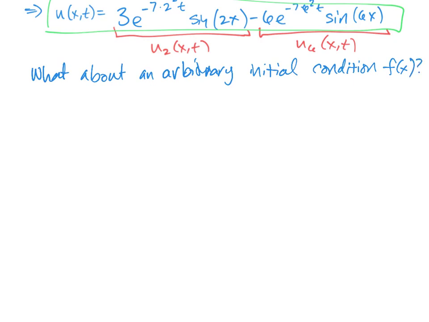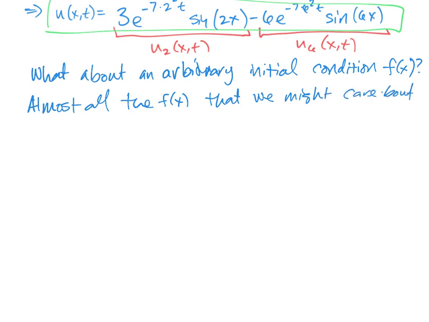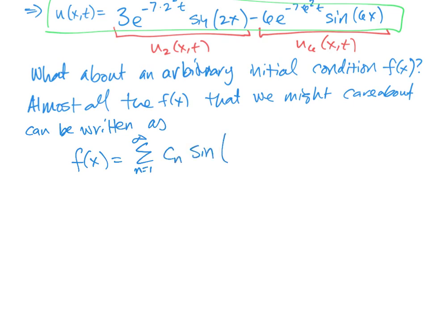So it turns out that almost all the f of x that we might care about can be written as some sum of those sine functions that we had. So c_n sine of n pi x over L for x between 0 and L.